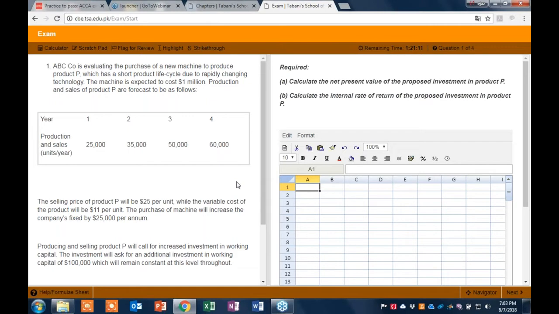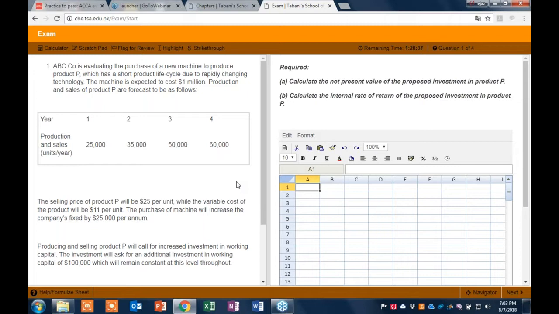Let us first go through the question information and then we'll see how we can solve this question using the spreadsheet. ABC company is evaluating the purchase of a new machine to produce product P, which has a short product life cycle due to rapidly changing technology. The machine is expected to cost $1 million, and production and sales of product P are forecast to be as follows.